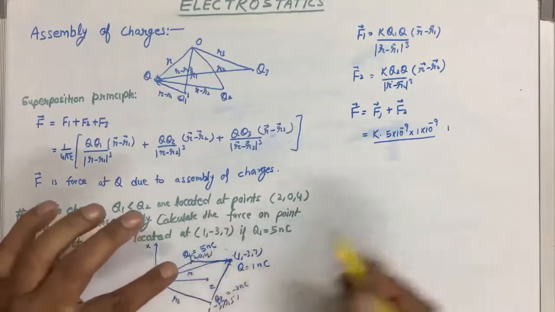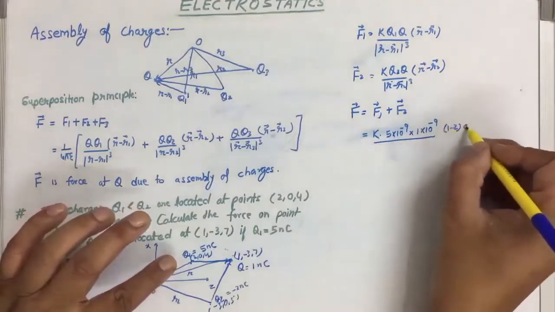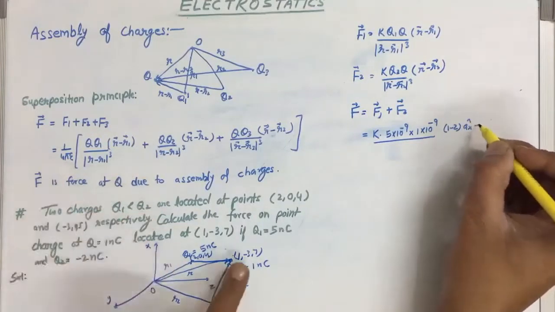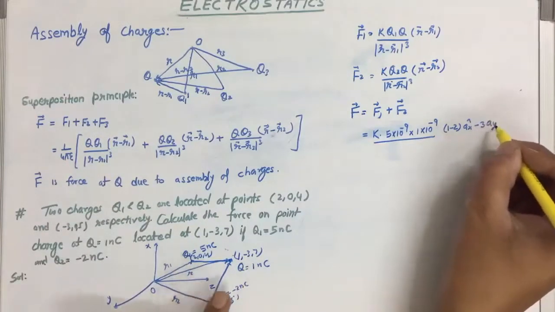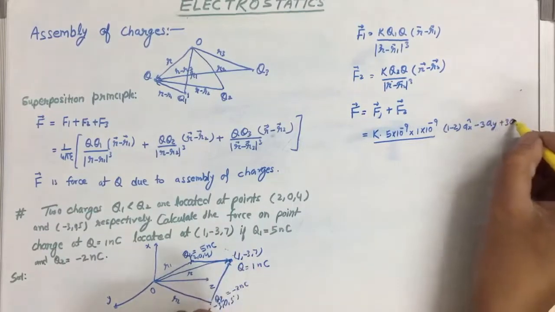So R minus R1 will be 1 minus 2 in the direction of AX plus minus 3 minus 0, minus 3 AY, plus 7 minus 4, 3 AZ.